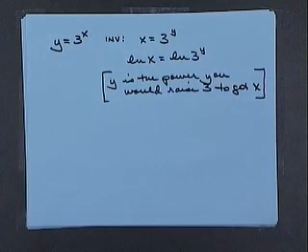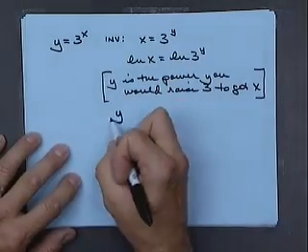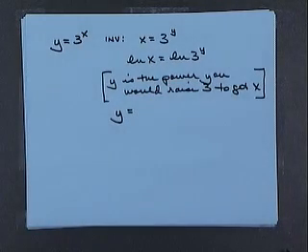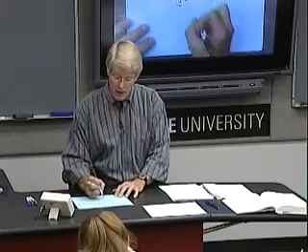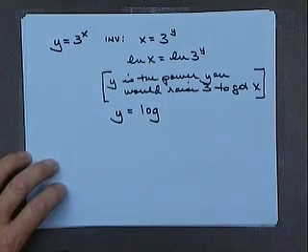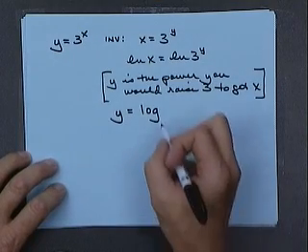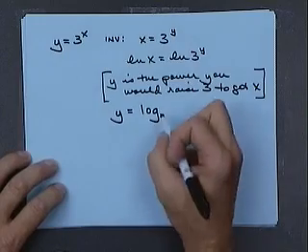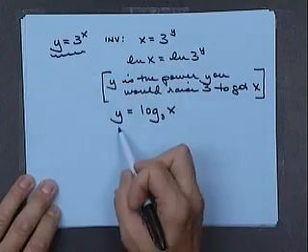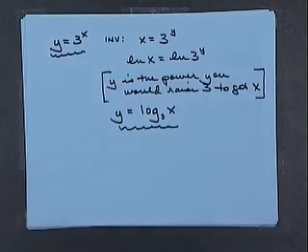We could solve it the other way, and we should just show that they're equal. y equals the power. What's another fancy mathematical word for power? Exponent. Exponent or logarithm. Power, logarithm, exponent, they all mean the same thing. So y is the power, y is the log, y equals log base 3 of x, the power that you would raise 3 to get x. So this equation and this equation are inverses of each other.